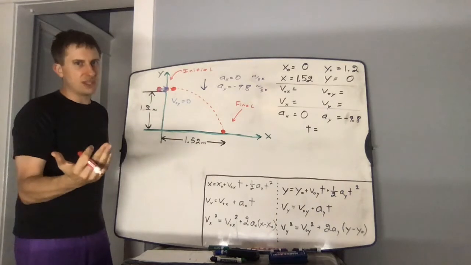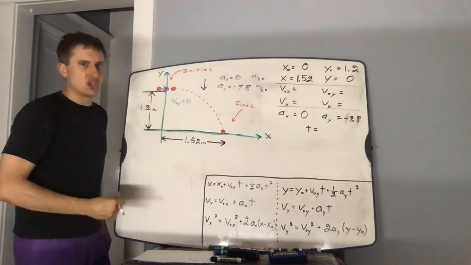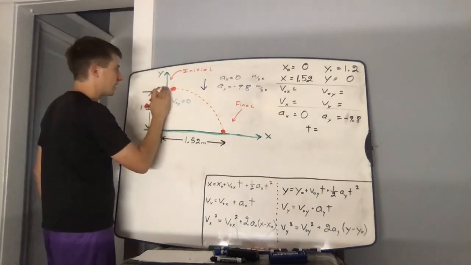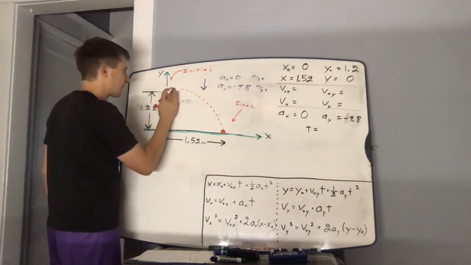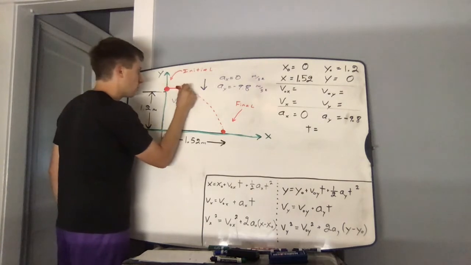Yes, gravity is pulling it down, but gravity had no time to really act on the ball yet. So effectively, the ball is still going to be moving entirely horizontally. So initially, the ball's velocity is going to be only in the horizontal.